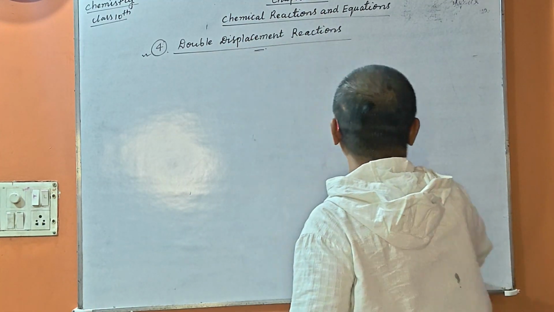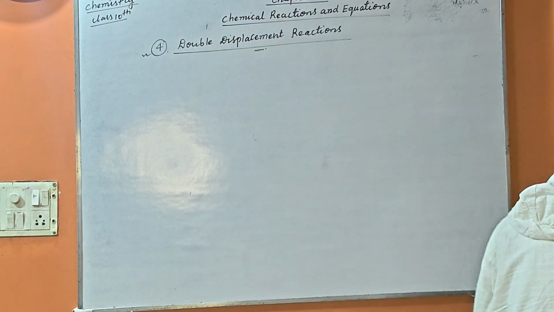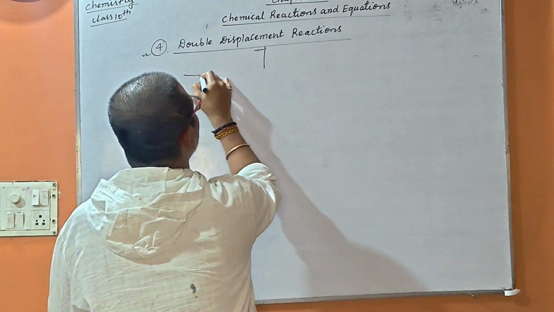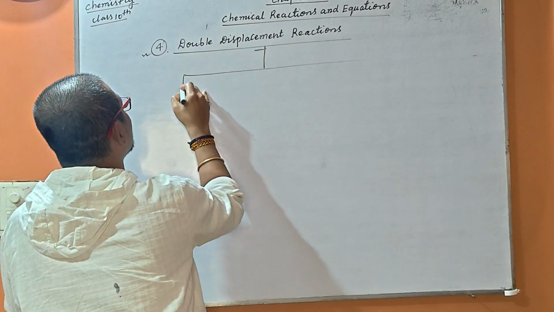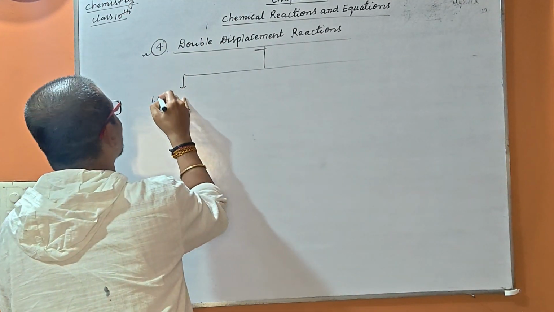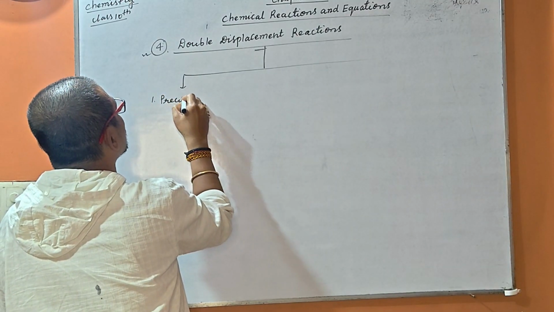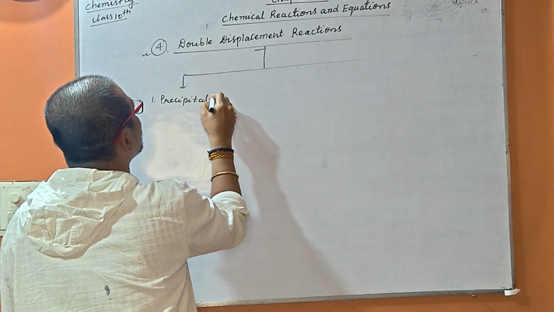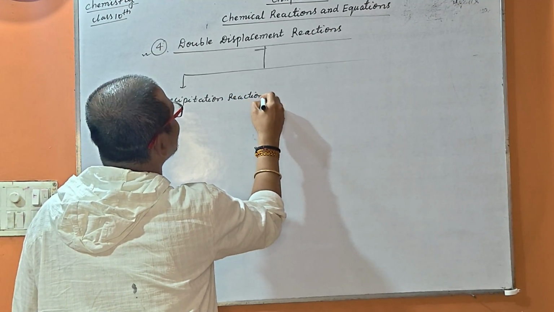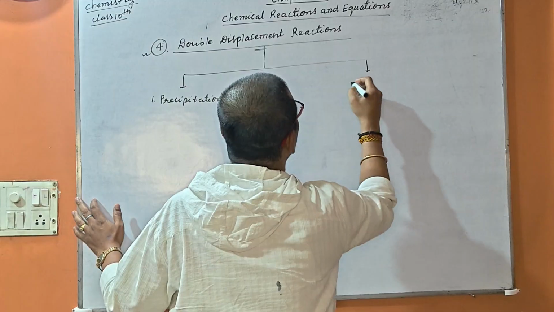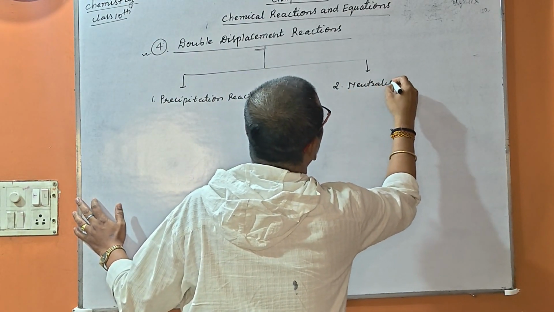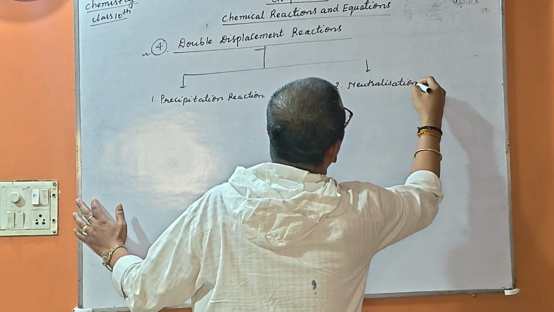Let us now understand the two different types of double displacement reaction. The first one is the precipitation reaction, and the second one is the neutralization reaction.